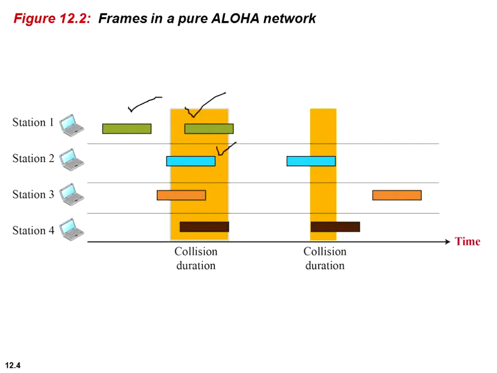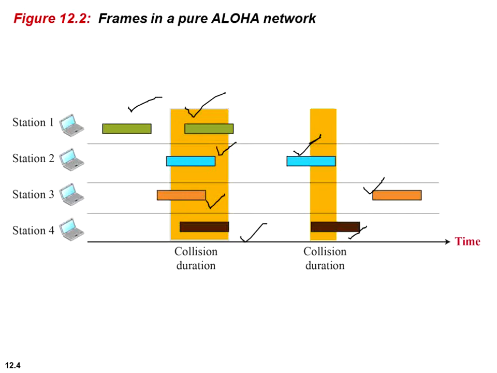1, 2, 3, 4, 5, 6, 7, 8. That means a total of 8 frames are sent. Each station sends 2 frames, so total 8 frames on the shared medium. Some of these frames collide because multiple frames are in contention for the shared channel.